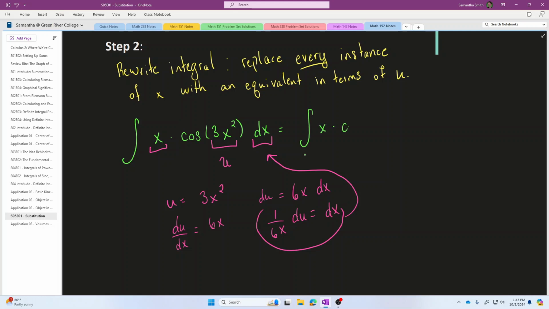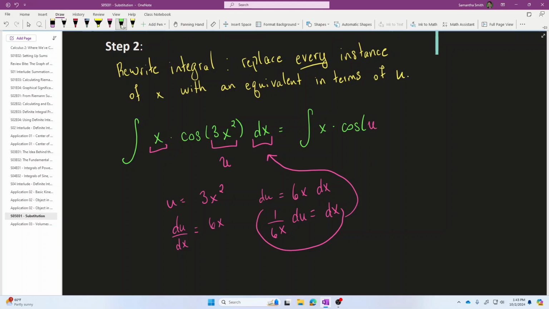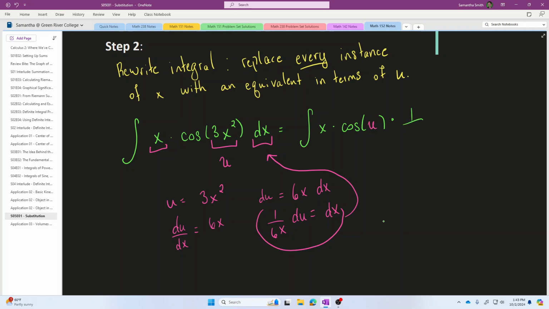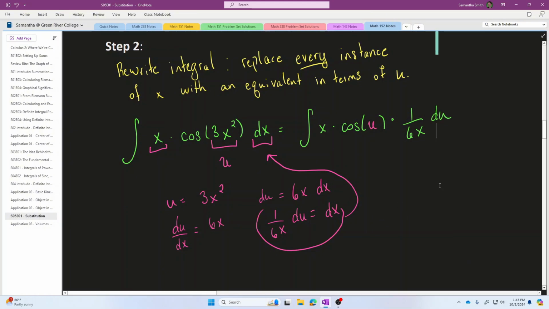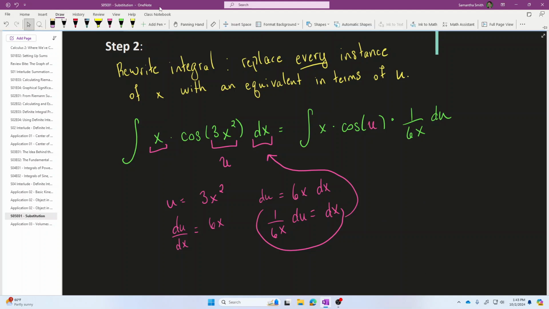x times what is now cosine of u, and then dx gets replaced by this new expression, 1 over 6x du. Behold what is happening in this integrand. By making this replacement, I have set up an expression where I have a multiplied x and a divided x.